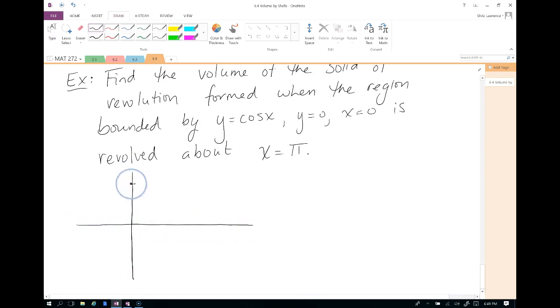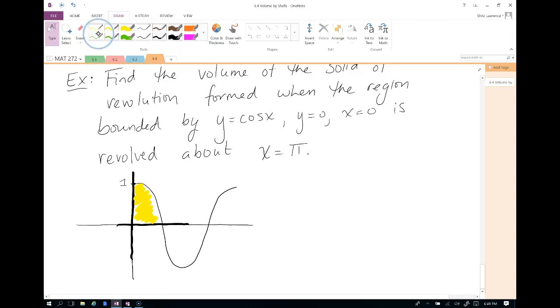The cosine graph is the one that starts up at its amplitude and then goes from there. We also want to use the y-axis and the x-axis. So here's the y-axis. Here's the x-axis as boundaries. So it looks like this is our region.